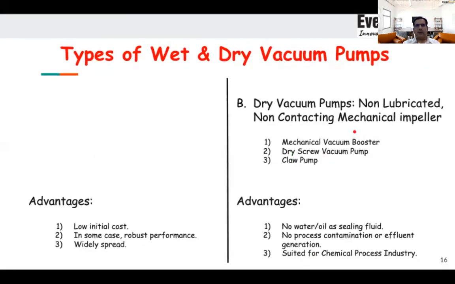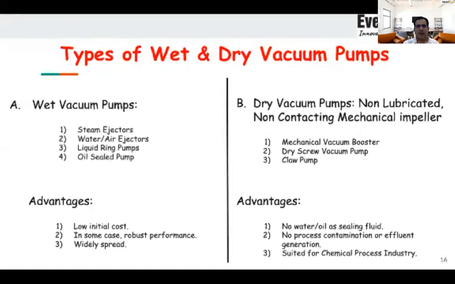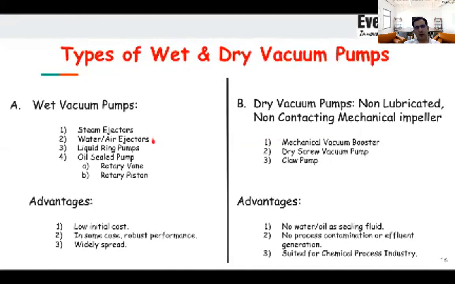Types of vacuum pumps: I am again covering the same vacuum pumps. First, I covered them in the category of wet pumps and dry pumps. Now I am covering them in another way: how can we categorize wet pumps? Wet pumps can be categorized into four major categories: steam ejectors and water/air ejectors.